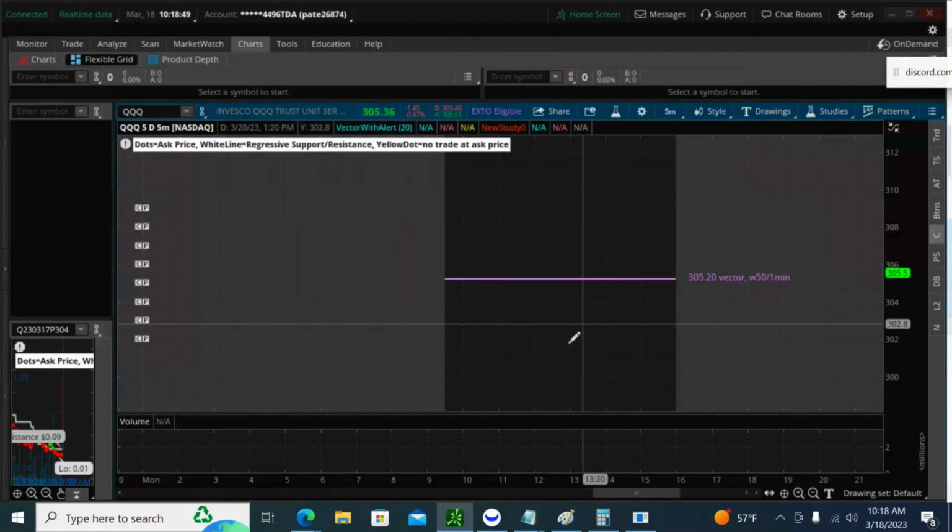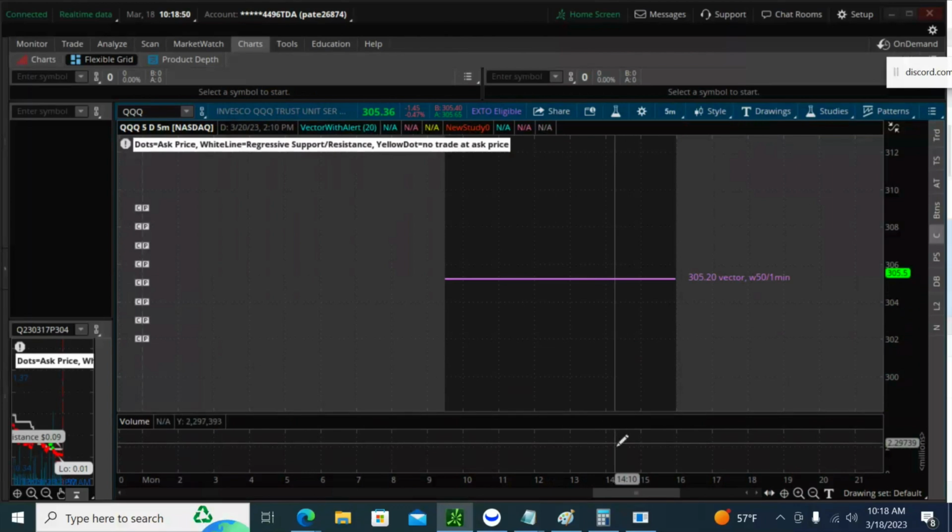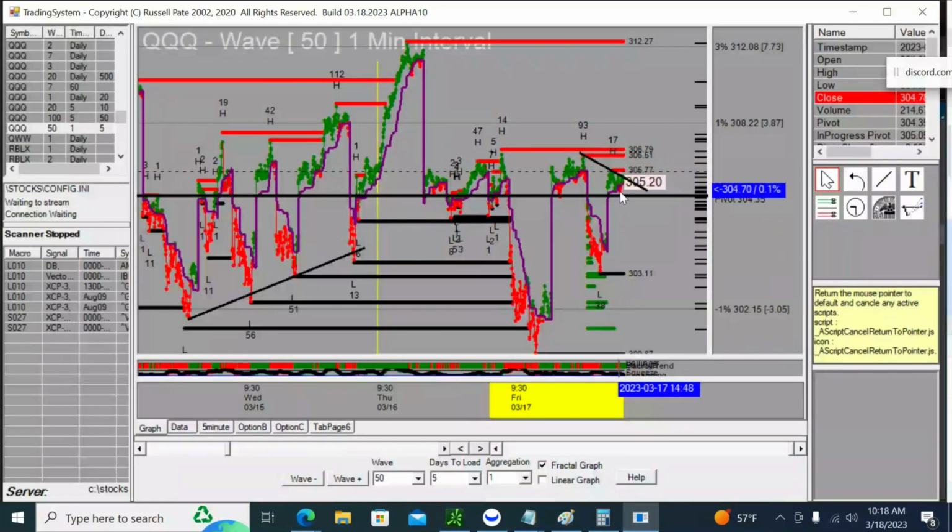So when we come into the session, I already have a big piece of information. I know if we can maintain above 305.20, we've got more upside. If we cannot maintain above 305.20, we're going to have downside.